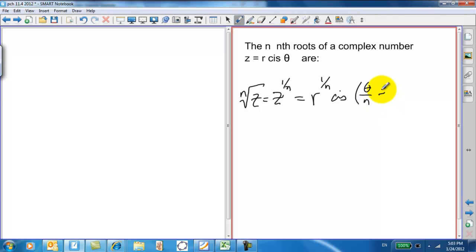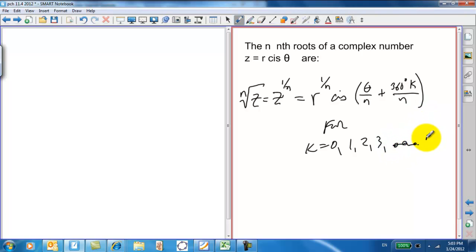But then you're going to add 360 degrees times k on and divide that by n to get all your answers. Where k equals 0, 1, 2, 3, all the way up to n minus 1, giving you a total of n roots.